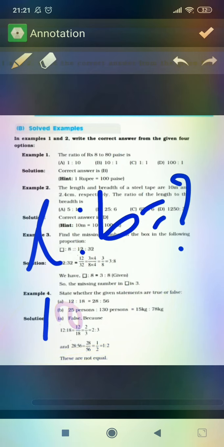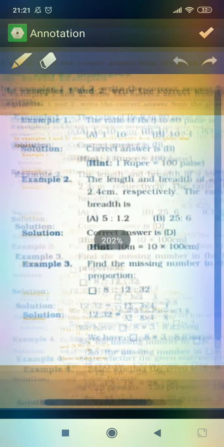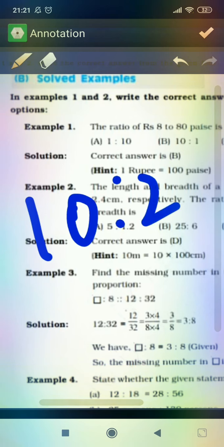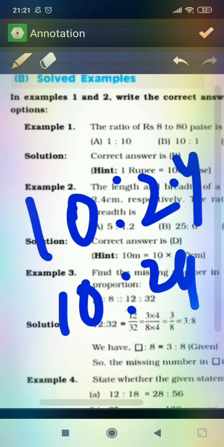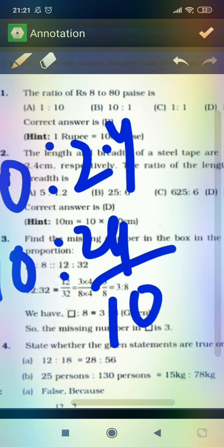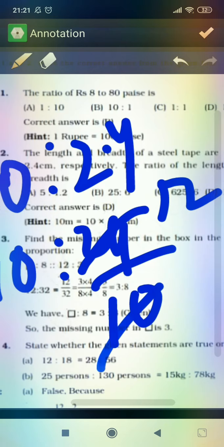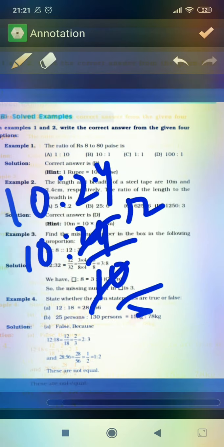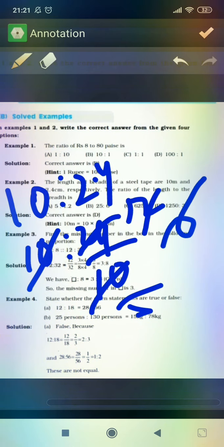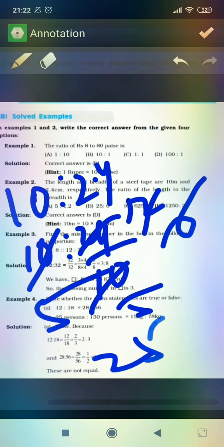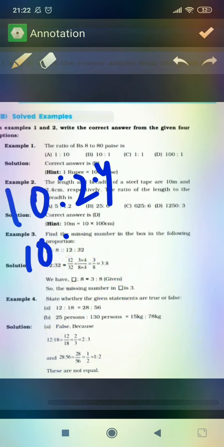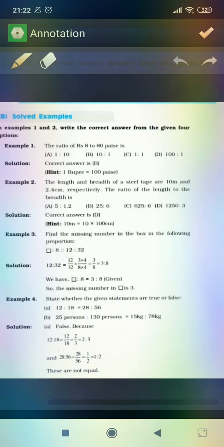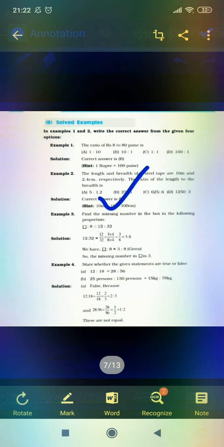Here 10 is to 2.4 is how much? First, 10 is to 24 by 10. 2 12 times, 2 5 times, 2 6 times, 2 5 times. 25 is to 6 we obtain. What is the option? Option B.